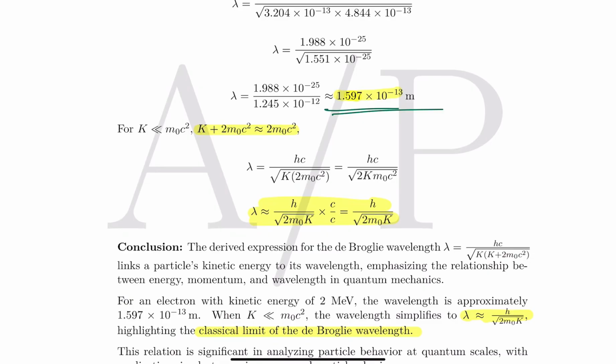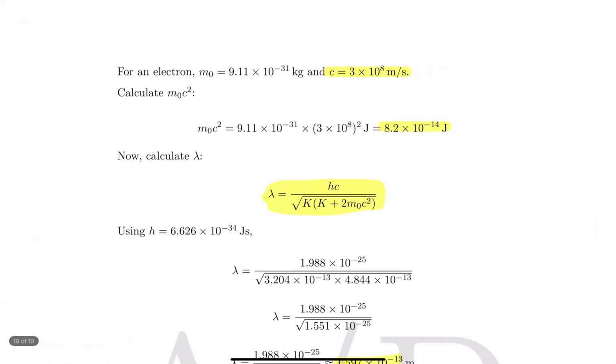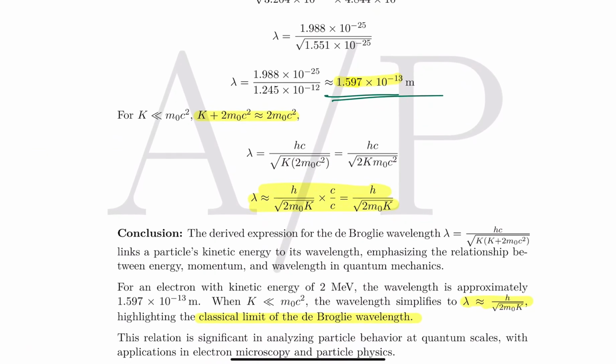And now we have the condition given in the question, what will be the value of lambda if kinetic energy is less than m naught c square, and very very less than m naught c square. Whenever we do that, if K is much less than m naught c square, then we can neglect this particular value, and this will be the ultimate result of that expression.